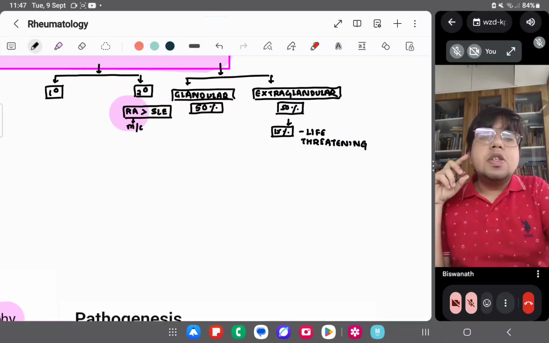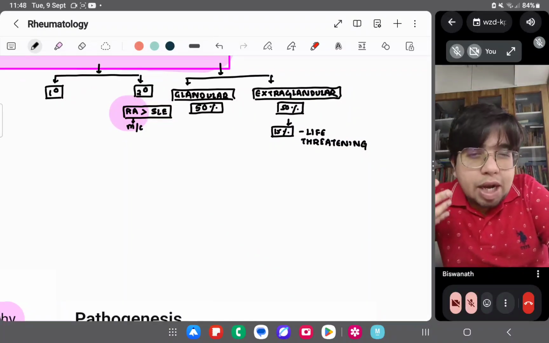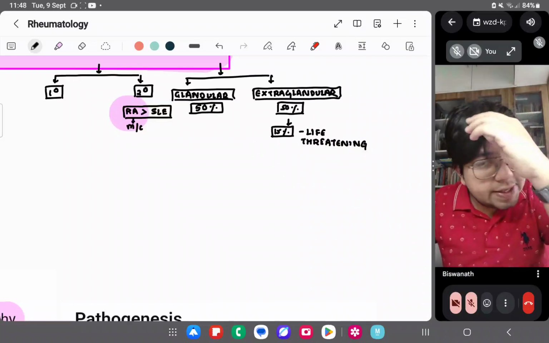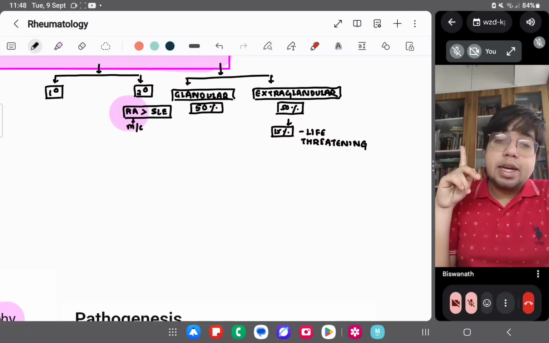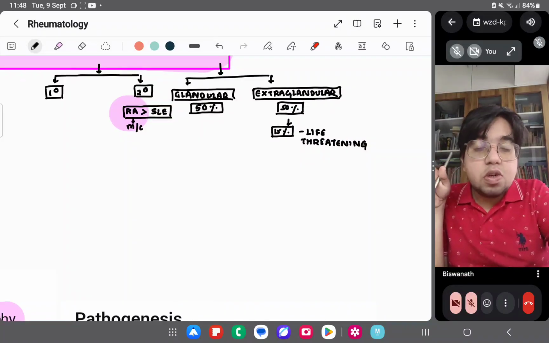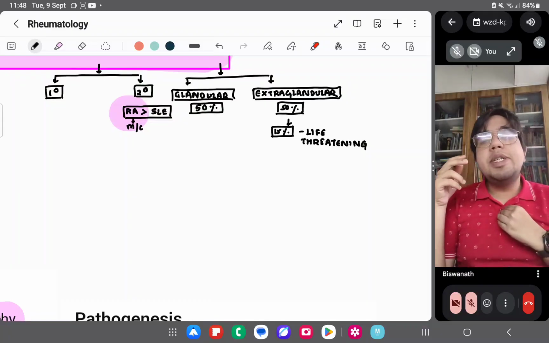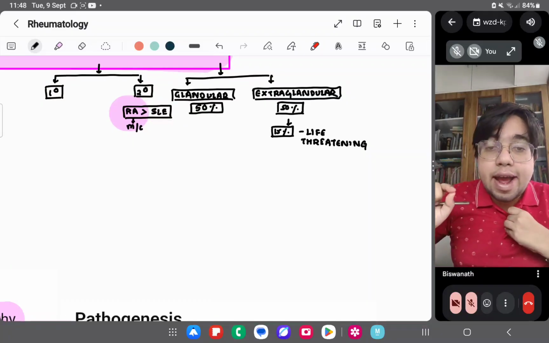Okay. Sjogren syndrome: how it manifests, how it occurs, what is the pathology, what is the etiopathogenesis of Sjogren syndrome? The clinical hallmark, the clinical picture of Sjogren syndrome, is a person who complains of sicca symptoms. What are sicca symptoms? Sicca symptoms means that there is dryness.